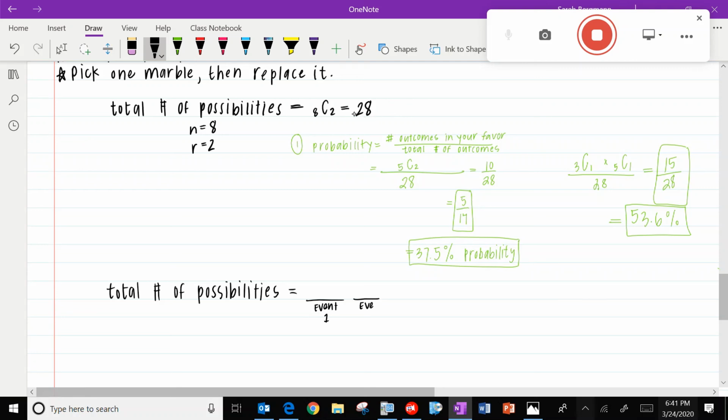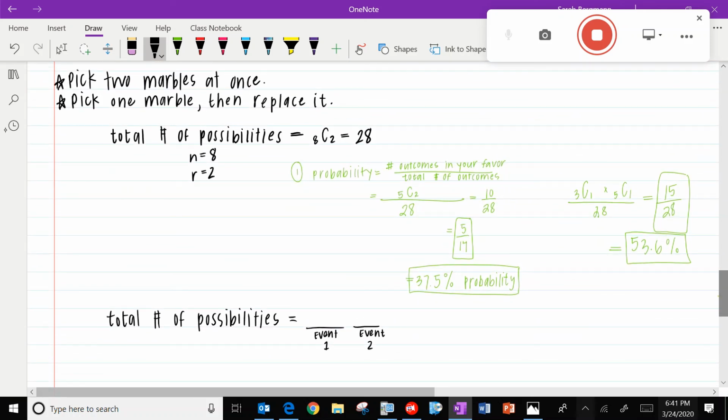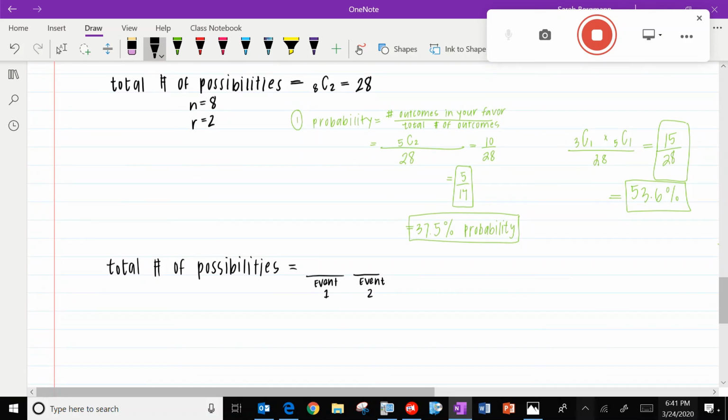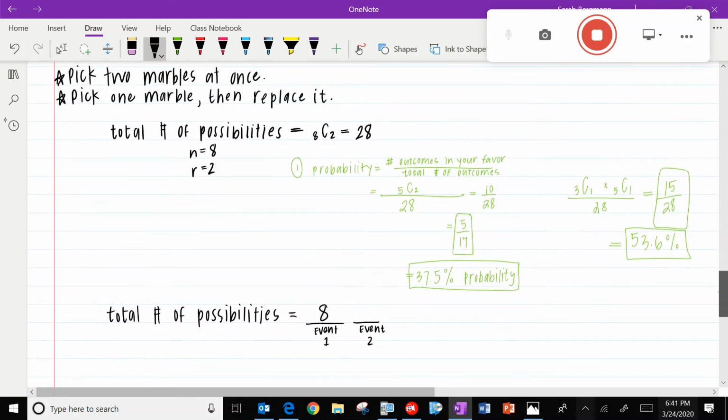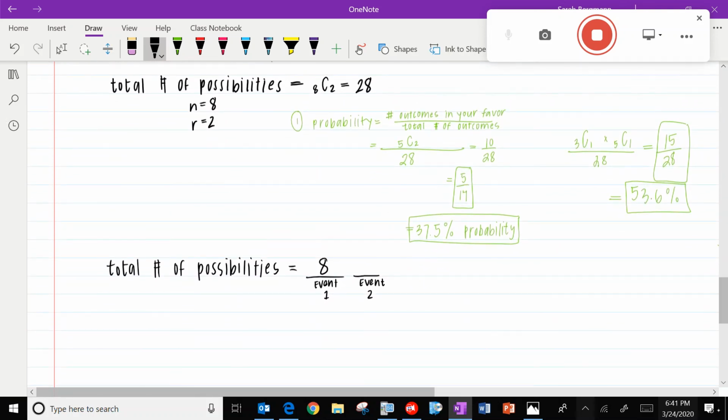Event 2 is picking the second marble. So in this case, picking the first marble, there are 8 marbles to choose from. And then you replace it, so for the second event, there are still 8 marbles to choose from. 8 times 8 gives you 64 different possibilities for choosing the first marble, then choosing the second marble, if you're doing a replacement.